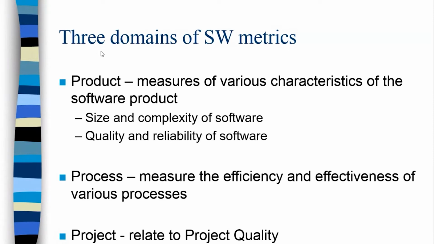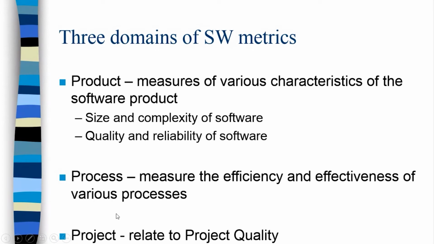For your particular task, the number of times the requirement has changed, or how many days you have taken to complete a certain task. So to measure the efficiency and effectiveness of your process, and basically to check its quality, the characteristic or attribute of your software process, we have these process metrics.